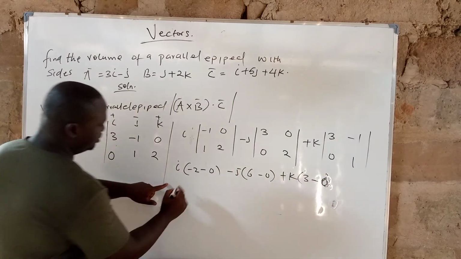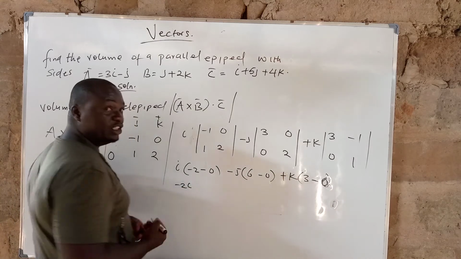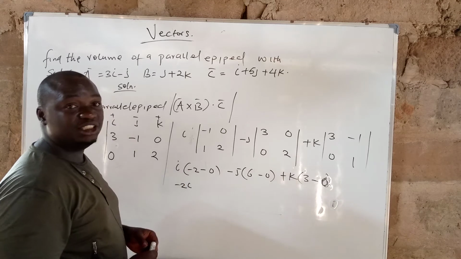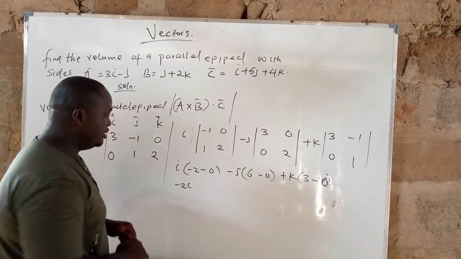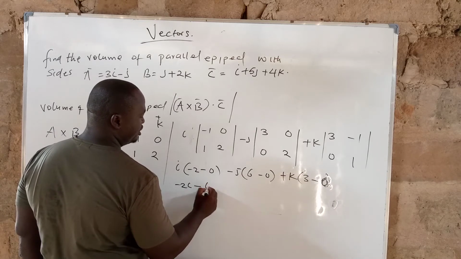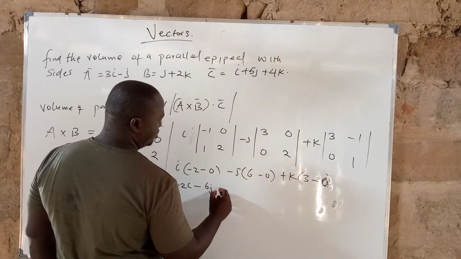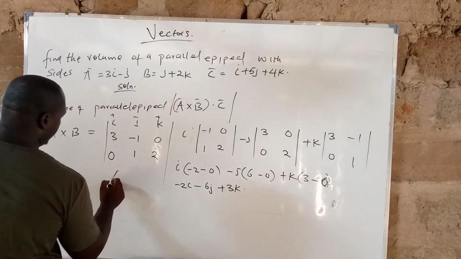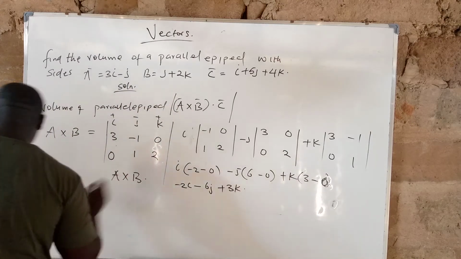So this will give you -2i. I'm trying to be fast because we have a detailed video on this; I'm not trying to teach cross products here. So this is -2i minus 6j plus 3k. Now this is the answer to A cross B.